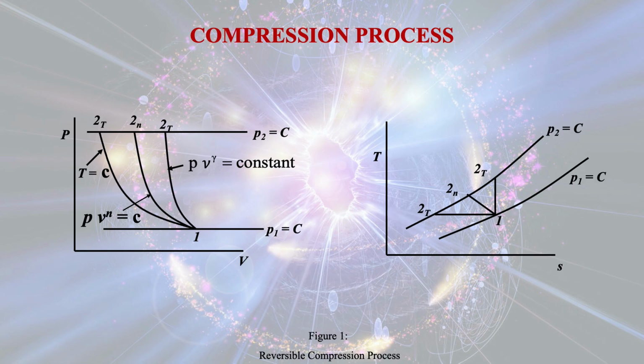The line in between the reversible adiabatic and isothermal process is for the polytropic process. So this is the diagram for the reversible compression process.